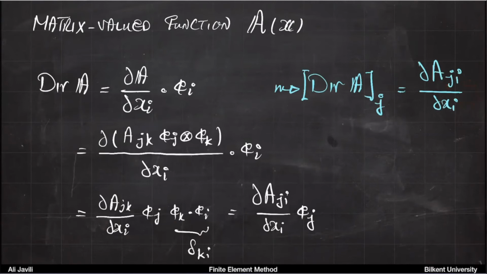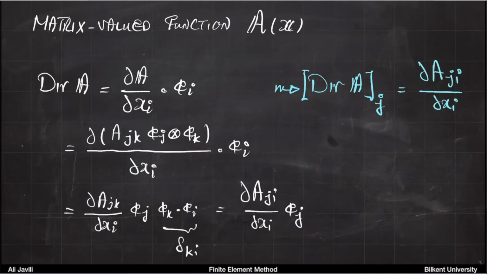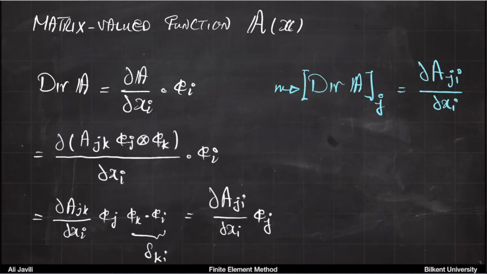So what does this mean for you? It means that the divergence of A is a vector. You can see there is only one of these here. So it's a vector, and like all the other vectors, it has 3 components, and each of those components follows the blue format that we have up there.